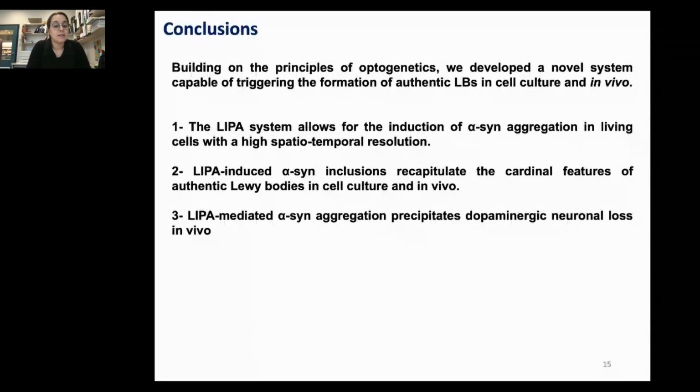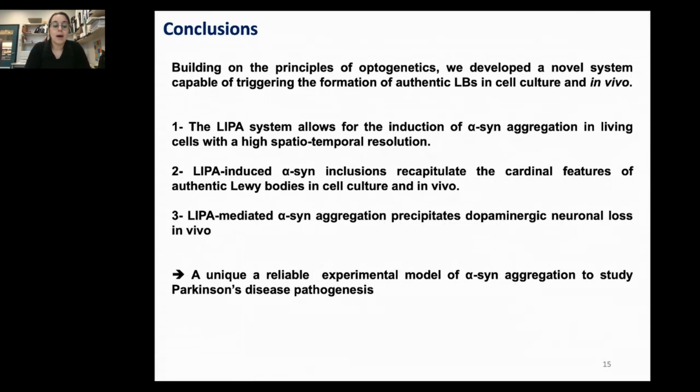The LIPA-induced alpha-syn inclusions actually recapitulate all the cardinal features of authentic Lewy bodies, both in culture and in vivo. And the LIPA-mediated alpha-syn aggregation actually precipitates the dopaminergic neuronal loss as evident in vivo. So I believe that we have been able to develop a unique and reliable experimental model of alpha-syn aggregation that will allow us to study Parkinson's disease pathogenesis.